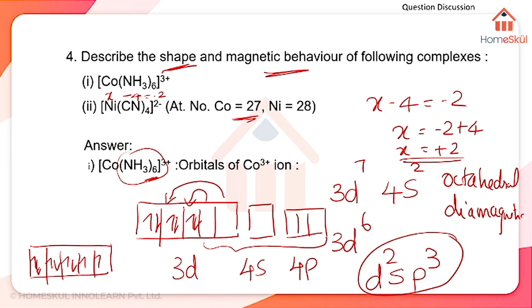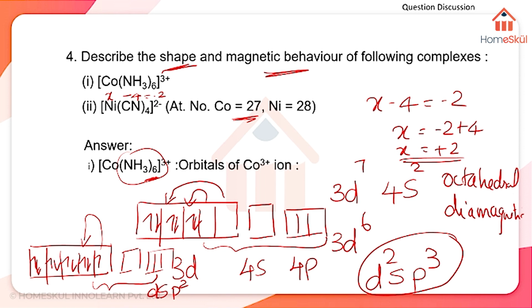Because of the presence of CN, this one electron will pair up with the unpaired electron, and here we have the empty orbitals forming dsp2 hybridization.